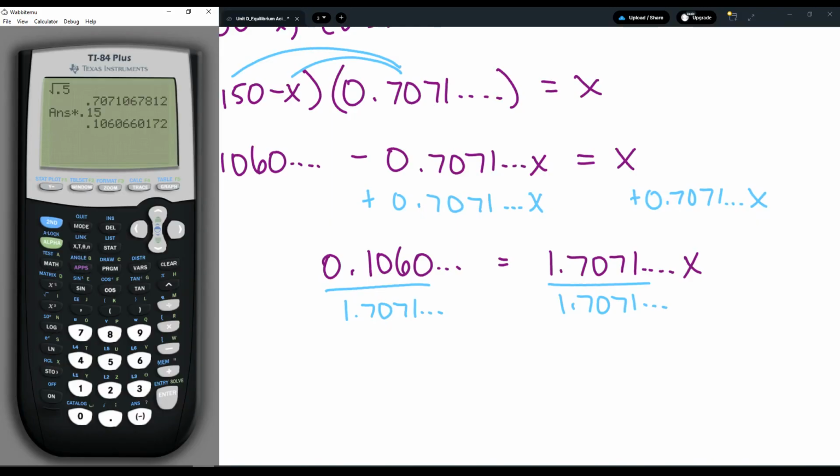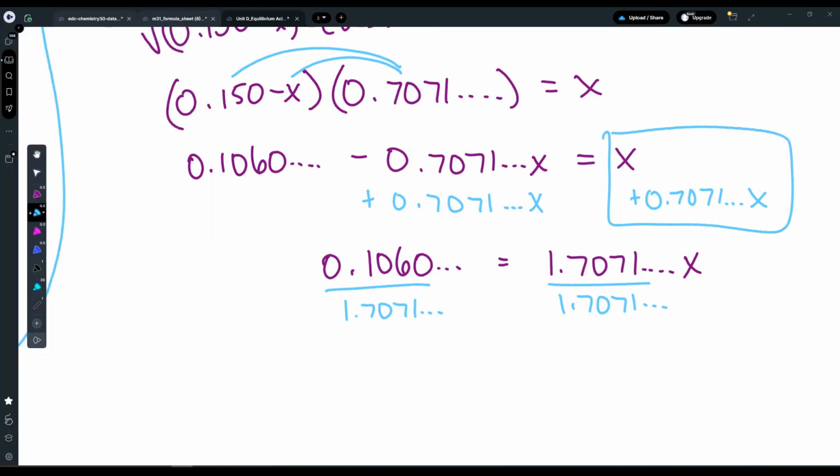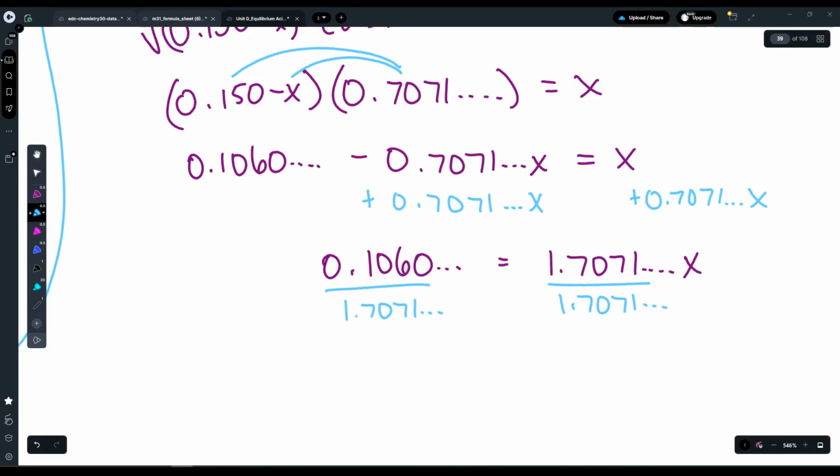Okay, so to do this, since for this side right here, all we did was 1 plus the square root of 0.5, that's where this 0.7071 comes from.